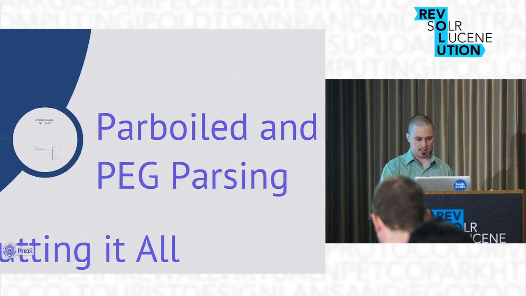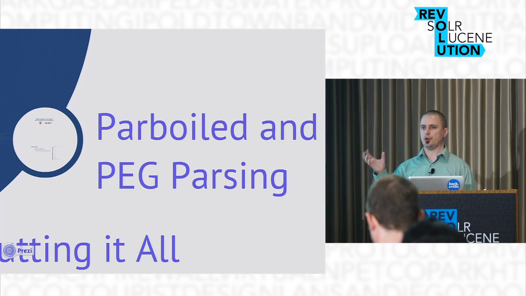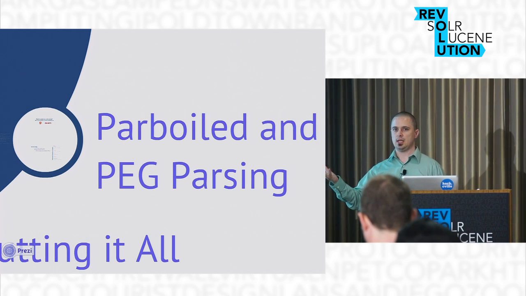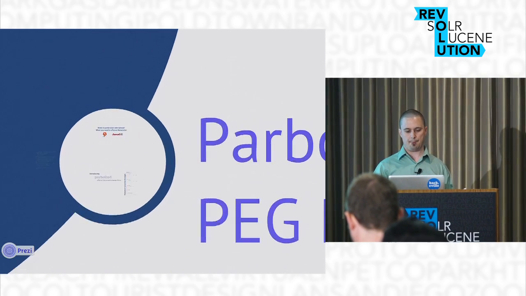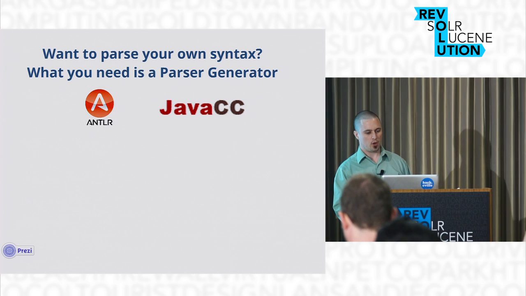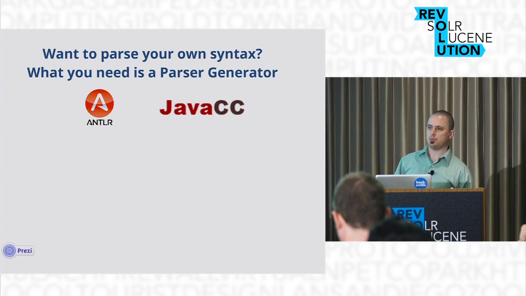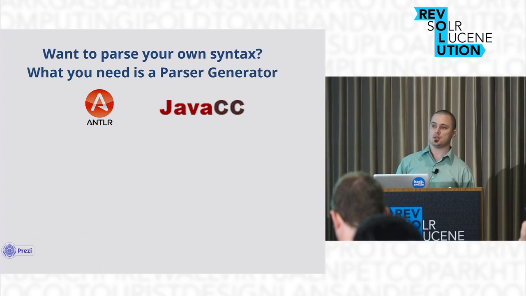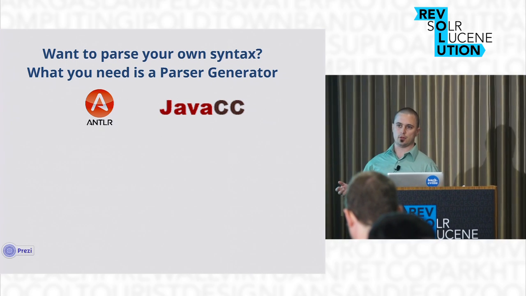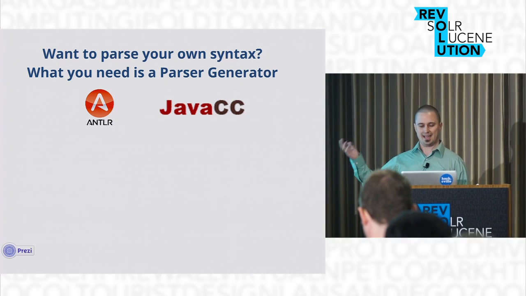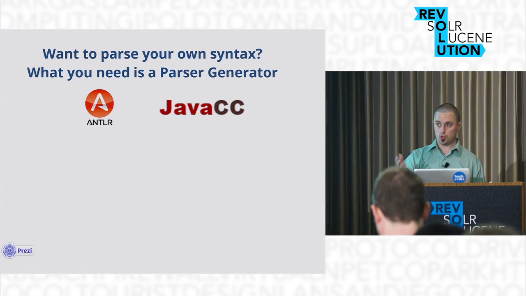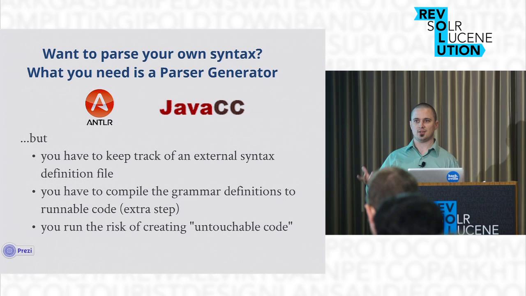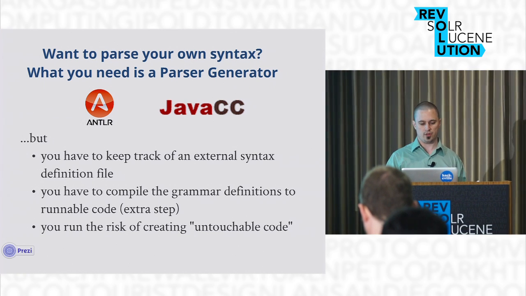Let's take a look at how to turn the string arguments into a valid Lucene query. If you want to parse your own syntax, there are a couple of things that usually come to people's minds: so-called compilers or parser generators. ANTLR and JavaCC are two very popular ones. They're very good tools, but there are some complications with them.